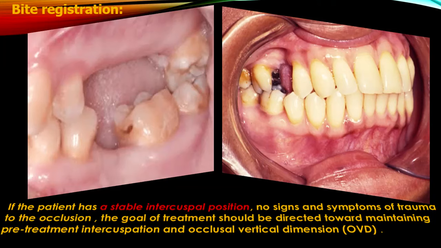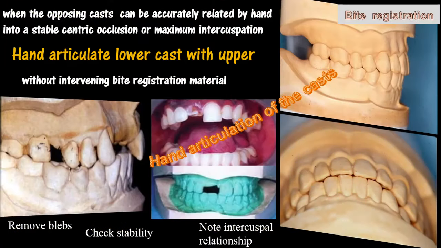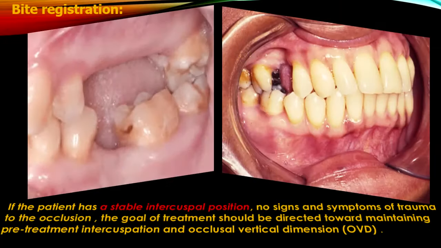Now, if the patient has a stable intercuspal position, no sign and symptom of trauma to the occlusion, the goal of treatment should be directed toward maintaining pre-treatment intercuspation and occlusal vertical dimension. يعني إذا كان عنده stable intercuspal position وما عنده أي sign and symptom of trauma، لازم الهدف الأساسي مالتنا directed toward maintaining this pre-treatment intercuspal position، مو نجي نغير العلاقة. وهذه نستعملها وين؟ لما نجي مريض عنده intercuspal position stable وما عنده أي sign of trauma، راح نختار هاي البوزيشن نستعملها للانتركاسبال بوزيشن في التريتمنت مالتنا.